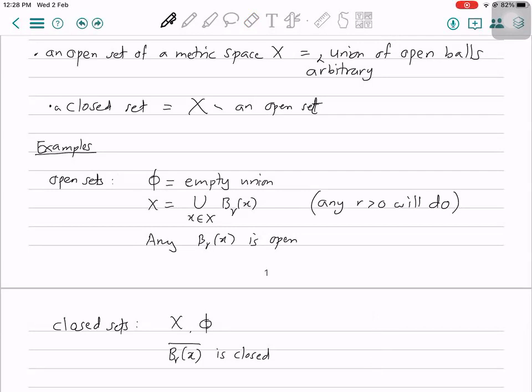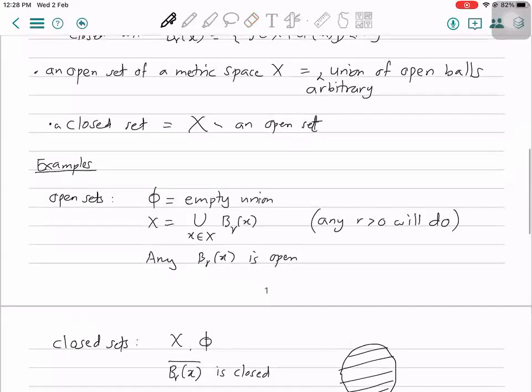Okay, so let's draw this, correct? What he's saying is that all this part, including the boundary, is taken out. And what we are looking at is the part that is outside this. And we want to say that is open. Again, remember what open is. Open means union of open balls.